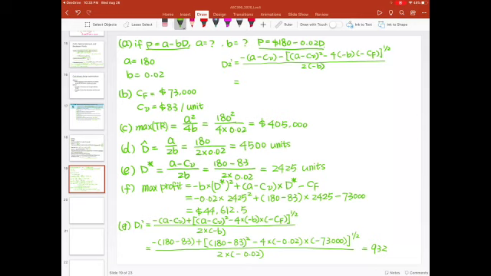And you're going to replace these letters by the values.